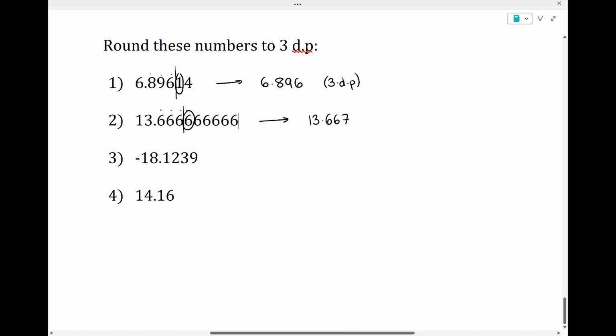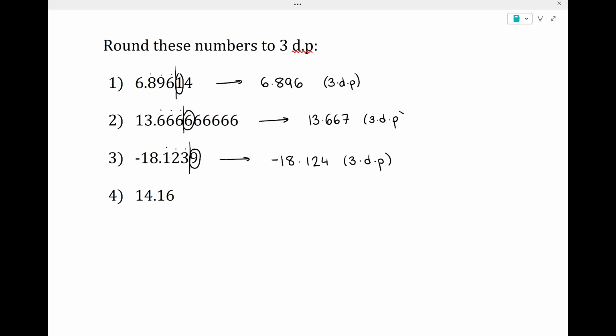This next example, minus 18.1239, once again, we count 1, 2, 3 digits, cut it off, have a look at the next digit, which is a 9. 9 is greater than or equal to 5, and so the 3 rounds up, giving us a value of minus 18.124 to 3 decimal places. And I have just realized I did not write 3dp for the question above, so I will do that now. Right, this final example, again a complicated one.